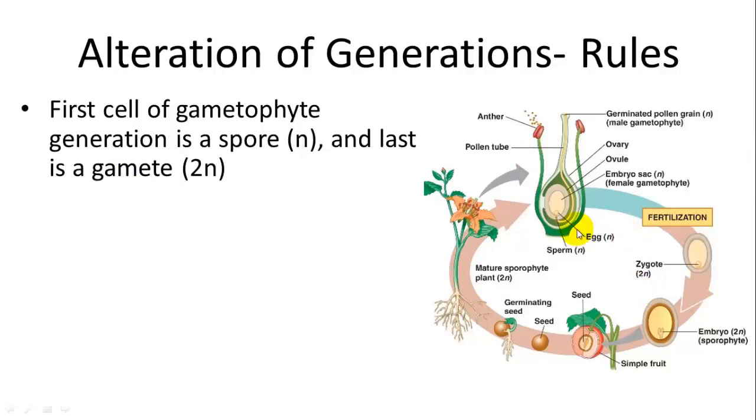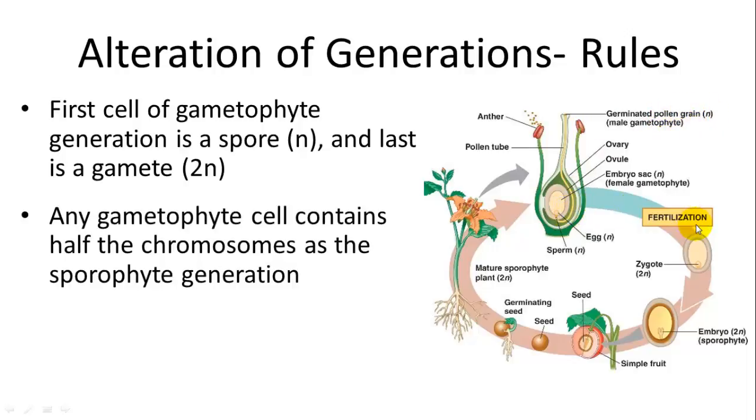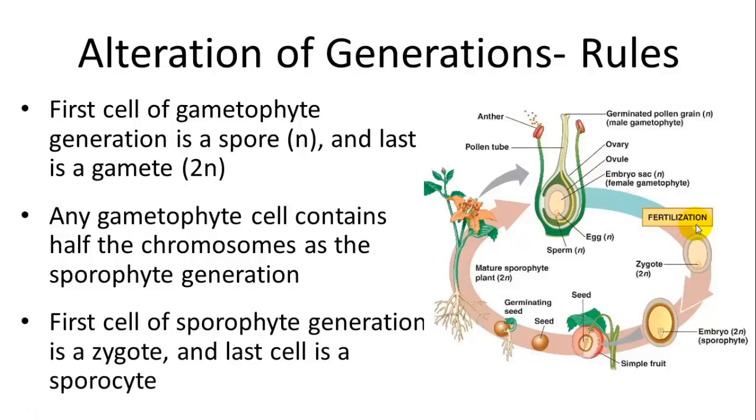So here we have the diploid stage here. You have the formation of these spores or haploids, and then that ends with fertilization, and vice versa on the other end.